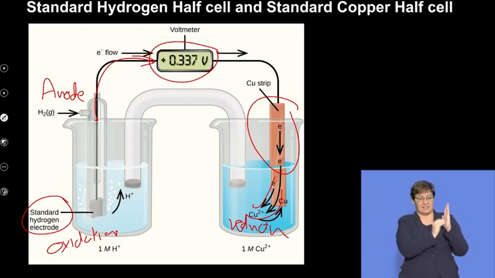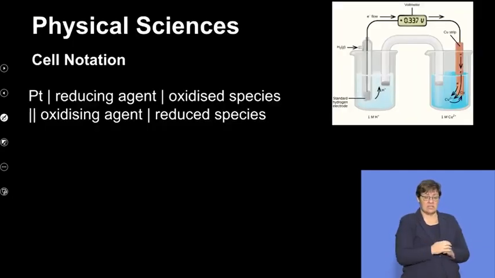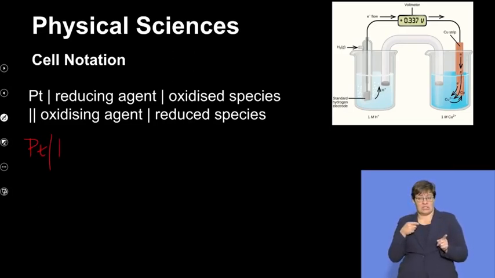Let's make sure that we can write the cell notation for this. Here, we're going to start with the anode. And you'll see we always start with the anode. We're going to start with the anode here as the platinum electrode. The reducing agent in this case is going to be the hydrogen, and it is the gas.